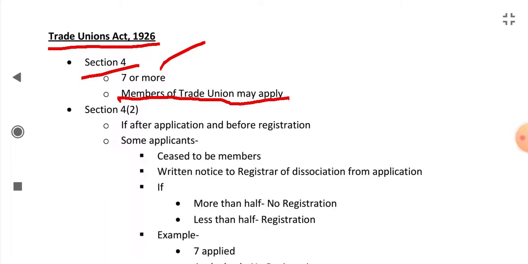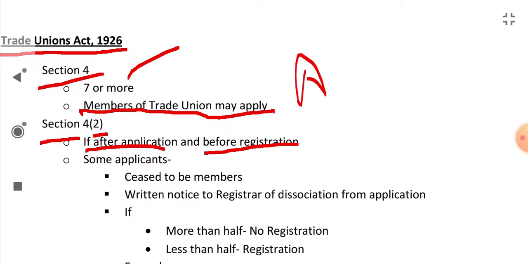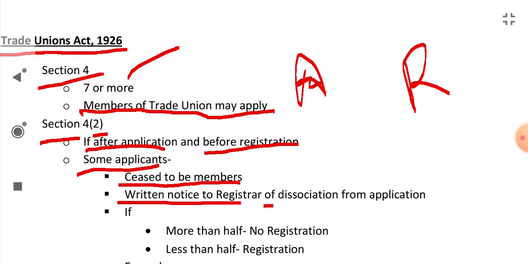In section 4, subsection 2, it is given that if after the application but before registration has been done, some applicants cease to be members, or they give a written notice to the registrar of dissociation from the application, and the number of these members is more than half, then there will be no registration.